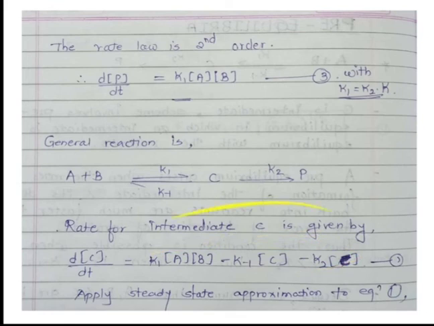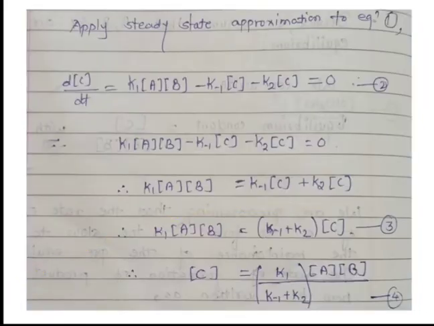So we write d[C]/dt is equal to K1 into concentration of A into concentration of B minus K minus 1 into concentration of C minus K2 into concentration of C is equal to 0. Here we have applied steady state approximation. Now this is our equation number 2.